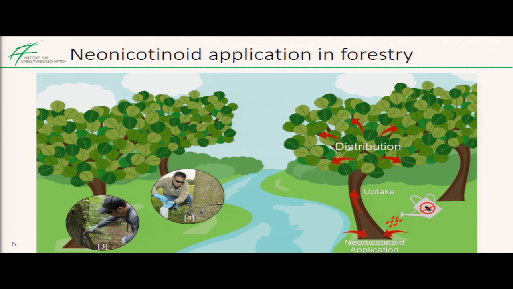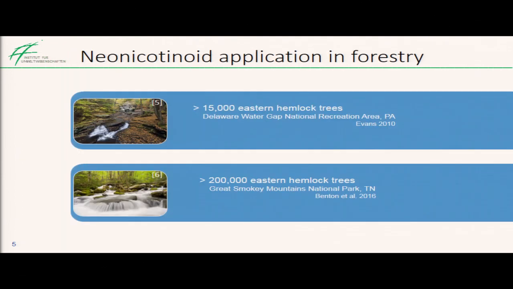And this is not necessarily only a theoretical exercise, particularly in the US. I think they are treating quite some trees with neonicotinoids in this way. So it's not only an academic question, it has at least some applied angles as well.